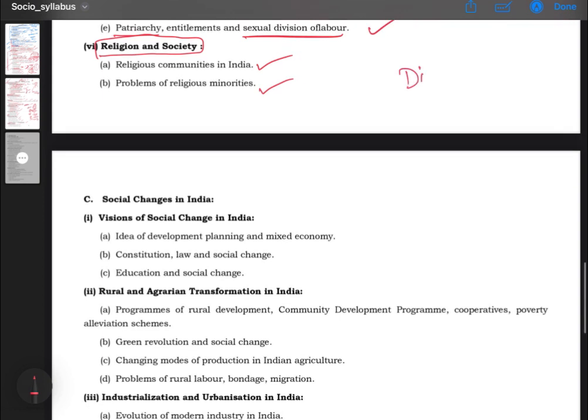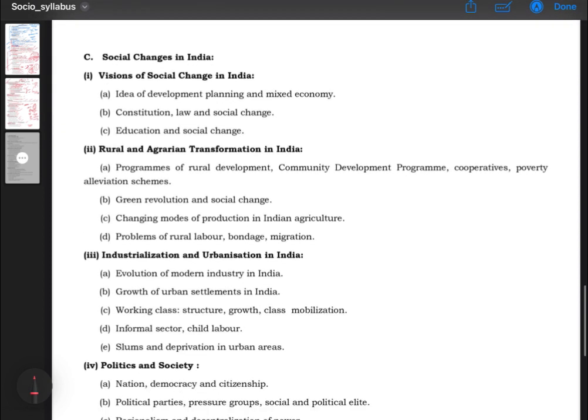We know that India is a very diverse society, so we will look at how religious minorities face problems in integration, the problem of dissolution of their practices, everything, all the problems we will look at.